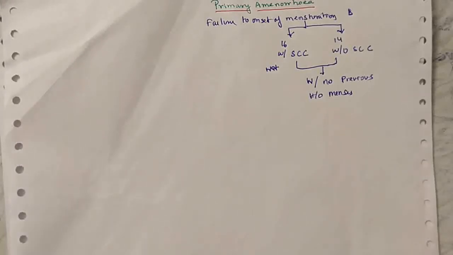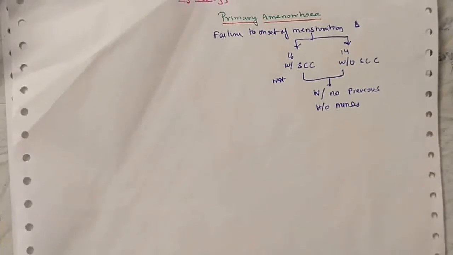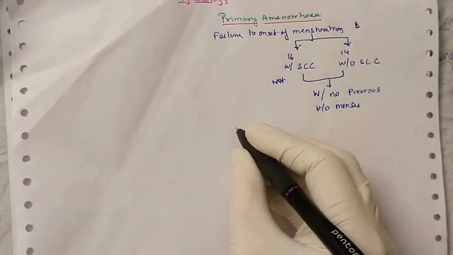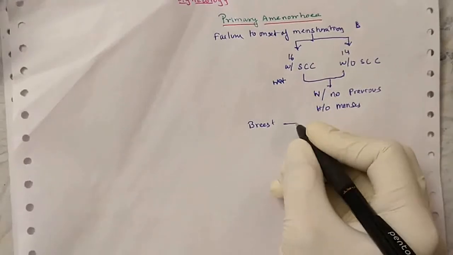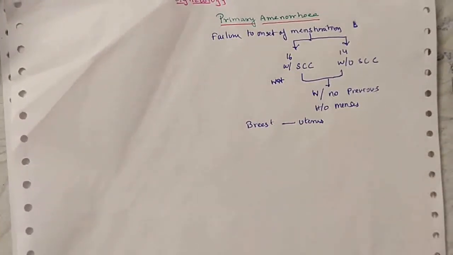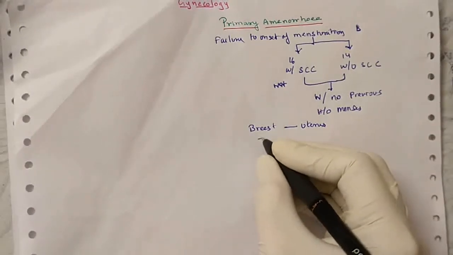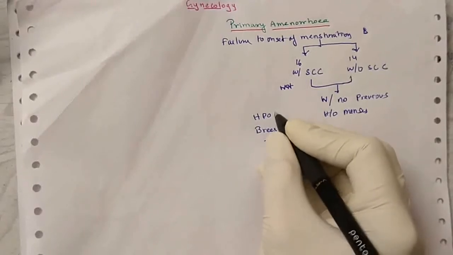So let's learn in detail about primary amenorrhea, because it is given differently in different books. I'll give you a short explanation about what primary amenorrhea is and how to know what location it is from. First of all, there are two things that you need to understand. In a female there is breast, there is uterus. So if the axis is intact and the uterus is intact, the HPO axis.